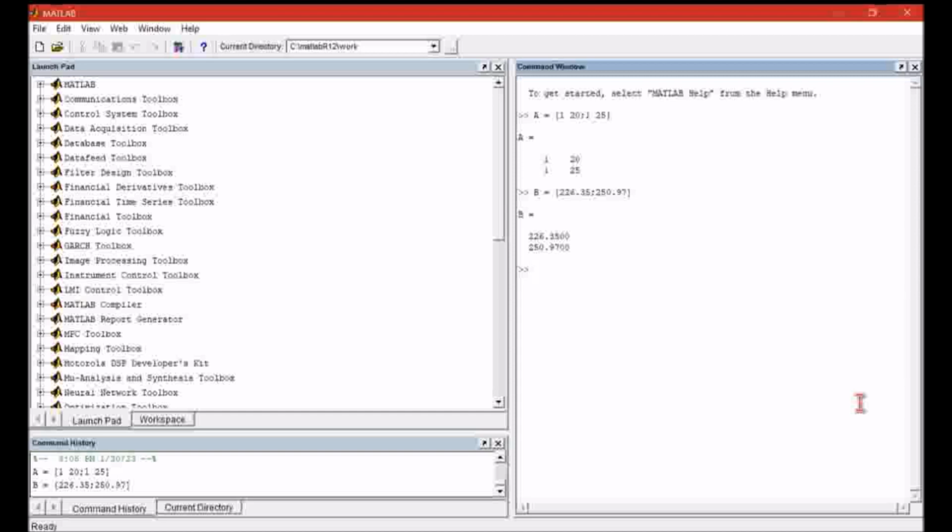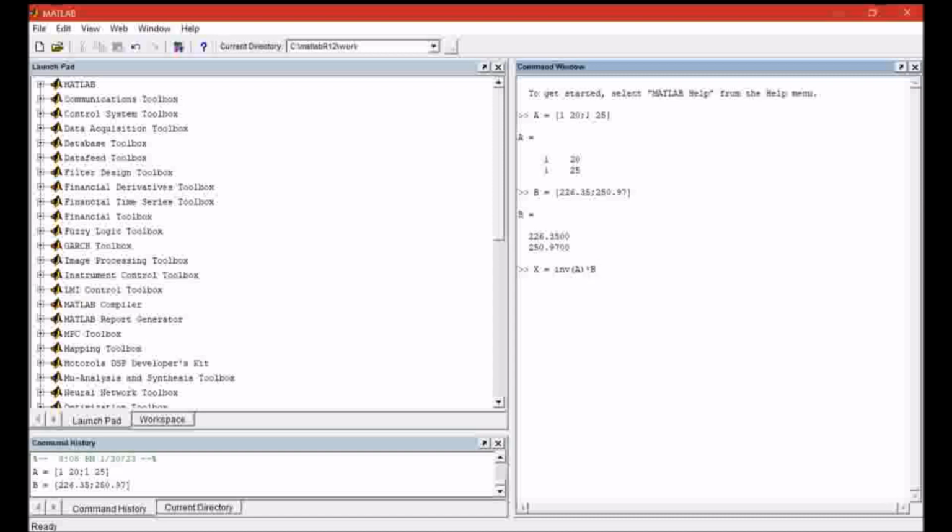So we will signify the values of A0 and A1 using X. So X equals the inverse of A. As you can remember, we inverse A. So inv, parenthesis, our matrix A, and then we multiply it using an asterisk, and then B. The program will recognize this since we already established that A is equal to the matrix 1 20, 1 25, and B is equivalent to the other matrix.